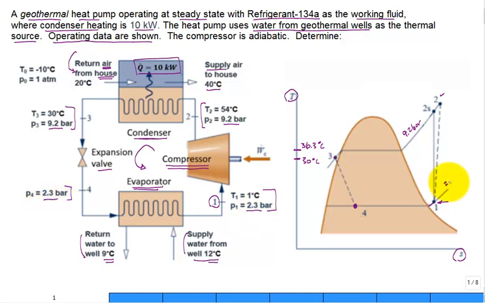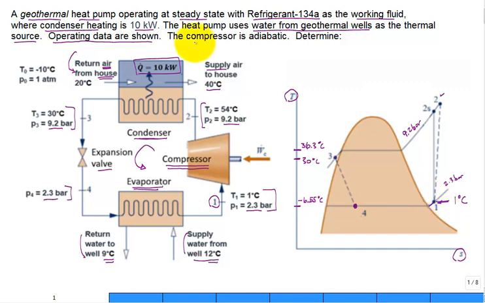So 2.3 bar is the lower pressure, or the evaporator pressure, and its saturation temperature is negative 6.55 degrees C. And so it's coming out at state 1 at a temperature of 1 degree C. So it's superheated by about 7.5, 7.6 degrees C, from negative 6.5 up to 1 degree C. All right.